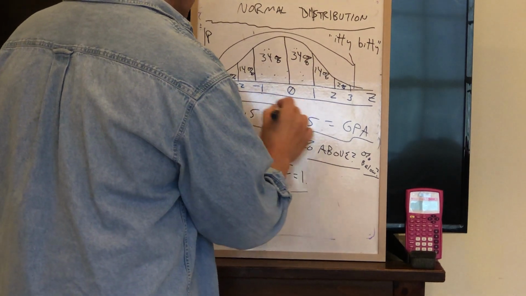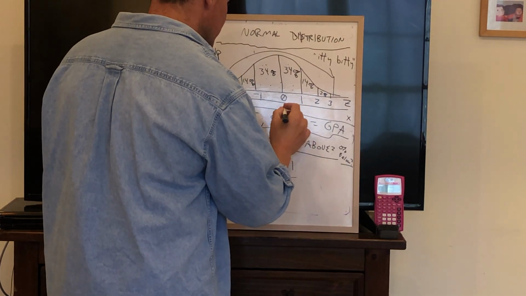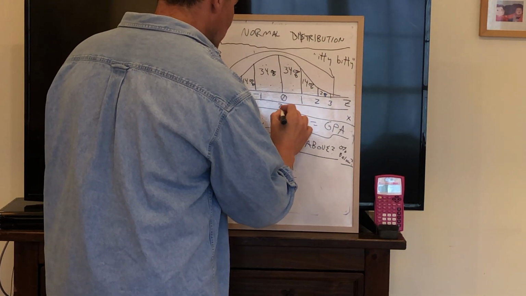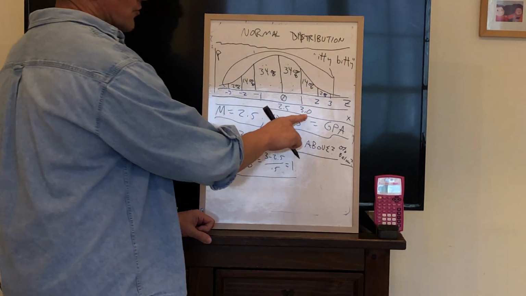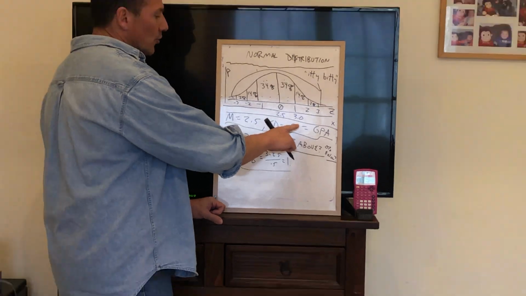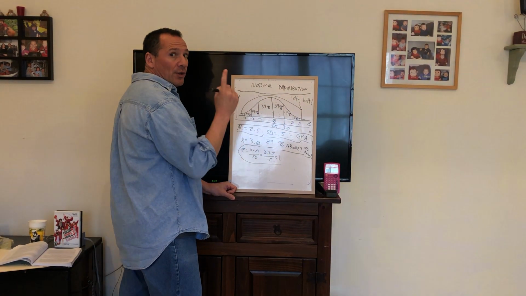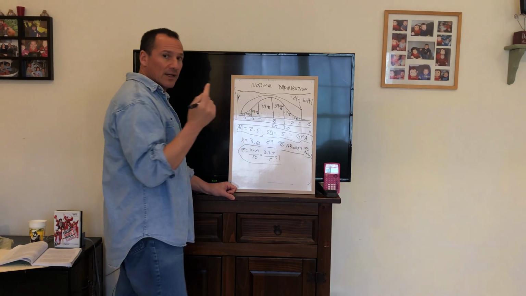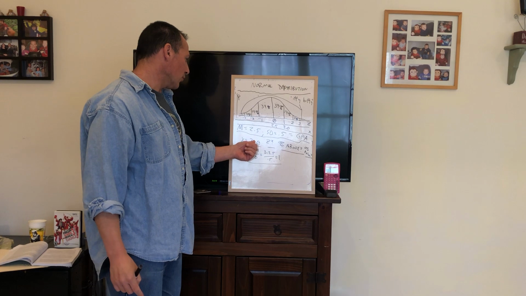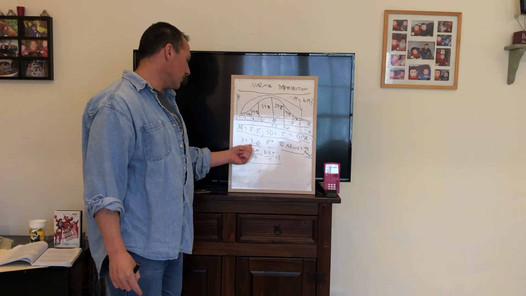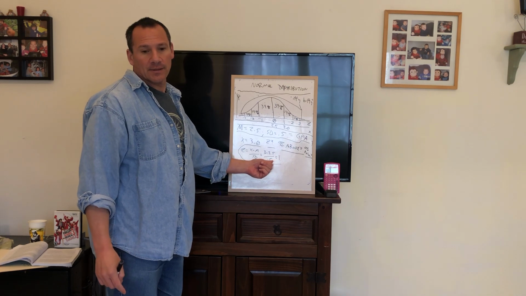And if we think about this as x's, the mean is 2.5. Here's a raw score of 3. The raw score of 3 corresponds to a z-score of 1. I know that because the z formula tells me that if I take the raw score of 3 and put it into the z-score formula, I get a z-score of 1.